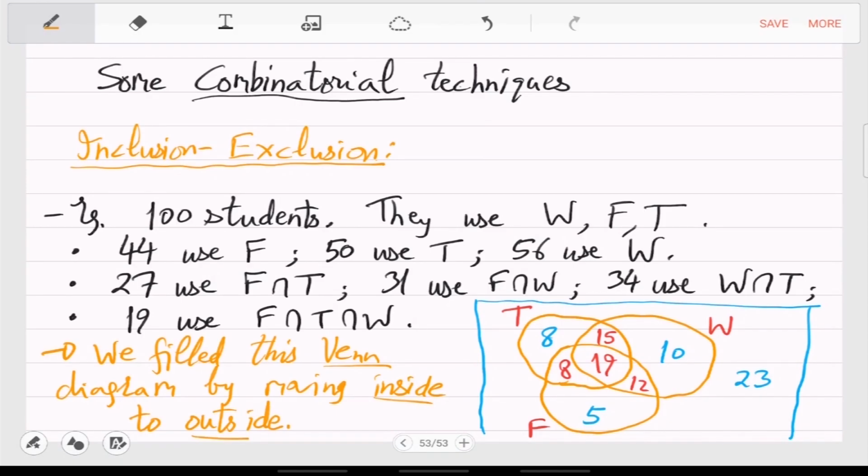We started with the inside, which is the common of all 3. Went to the outside, which is 23, right? And there is no other way to do it, because without putting 19 there, you don't know anything else. You only know the aggregates here and there, but you don't know exact values in the smaller spaces.